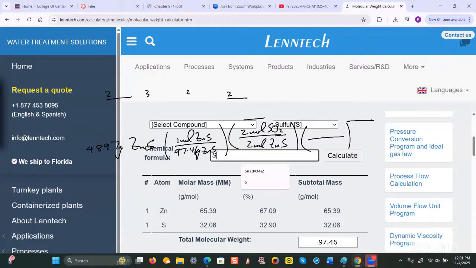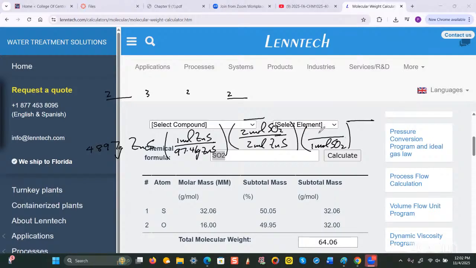So that would be SO2: 1 mole of SO2 downstairs, and upstairs you're going to have 64.06 grams of SO2. Okay, so now we can do the number crunching at this stage.